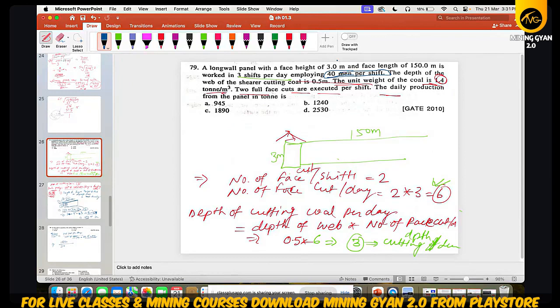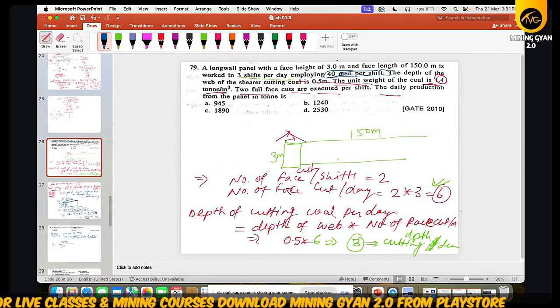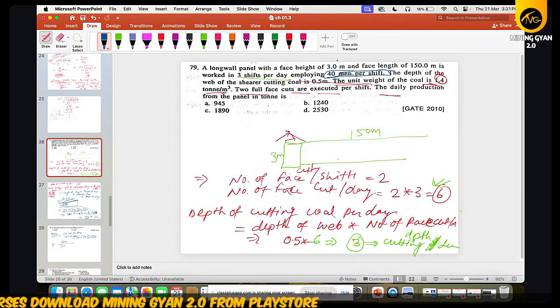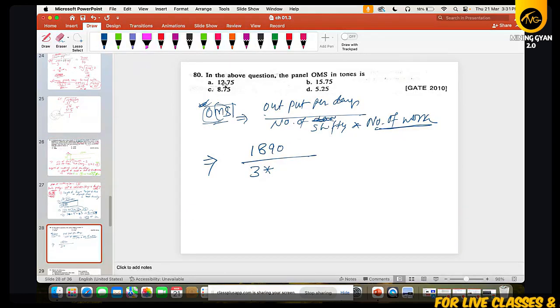He can give you in the shift, he can give you in per day. So use that value which fits in your question. Do not put anything. Okay, so in this question they have provided per shift, so we use that per shift. If he has provided us per day, then we divide by 3 and then calculate it.